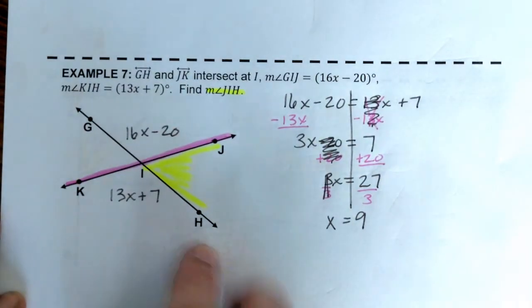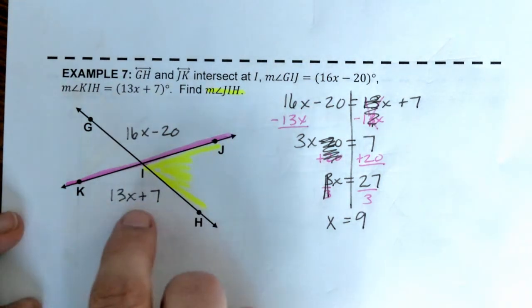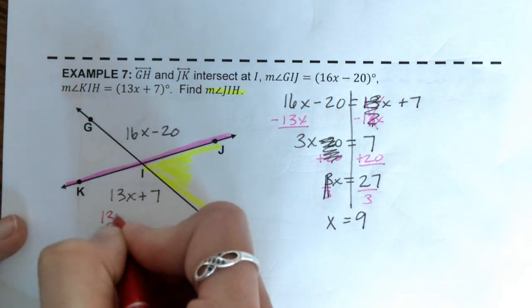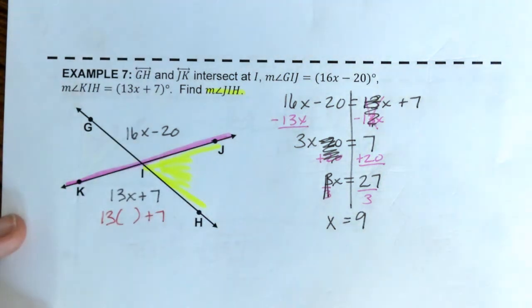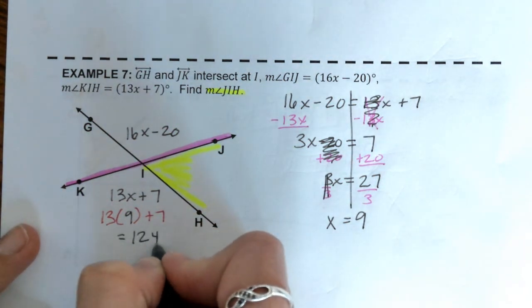They are supplementary. So, if we can find the measure of angle KIH, we can find the measure of angle JIH. So let's find this guy first. We're going to take that 13, remove x, and plug in that 9 for x. We're going to find out this is going to equal 124 degrees.